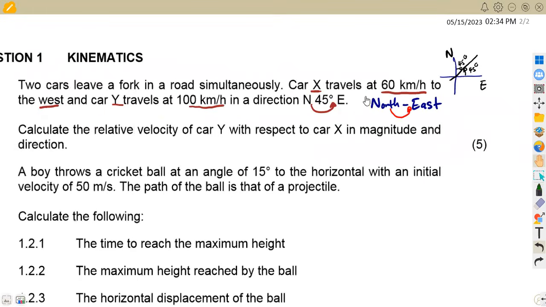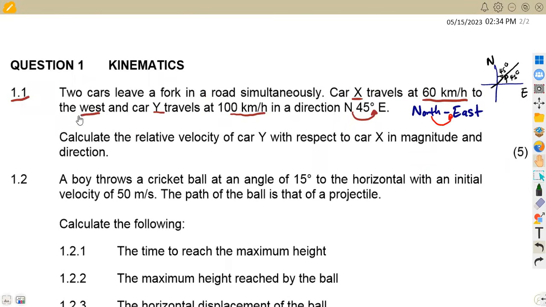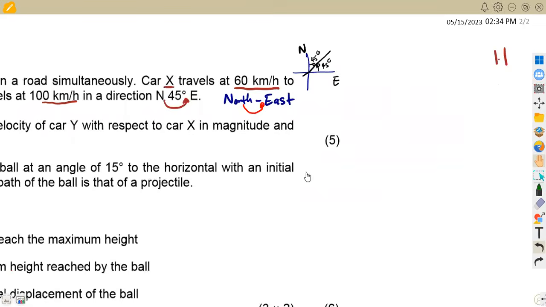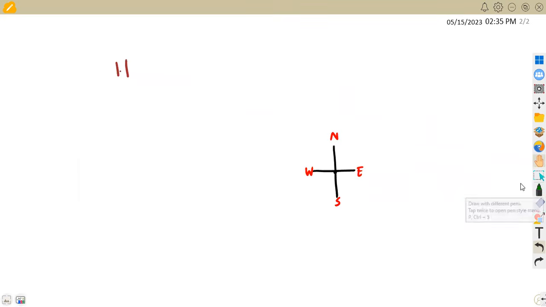The first car, X, travels 60 kilometers direct to the west, meaning we are maintaining this 90 degrees. We travel straight into the west line like this. That is our first car, X, at 60 kilometers per hour.